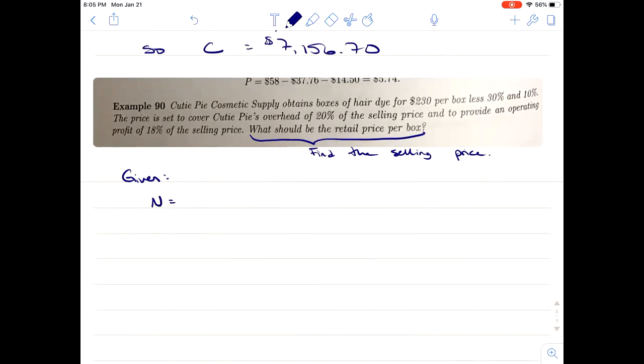Since I'm doing the given, the list price is $230 per box.